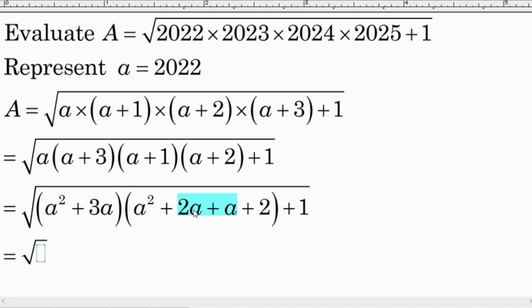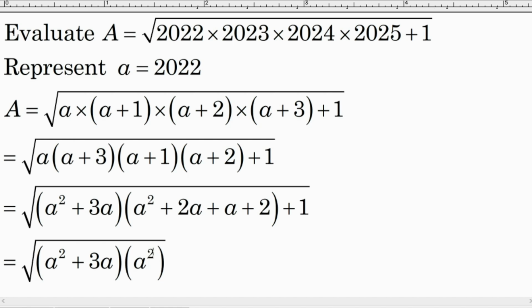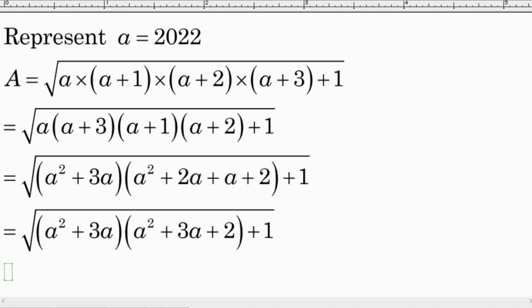Here we have 2a plus a, which is 3a. So we keep the first part the same, a square plus 3a, and then the other part is a square plus 3a plus 2, and then plus 1 here.